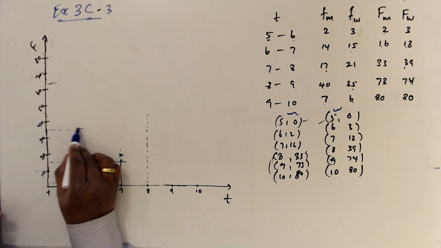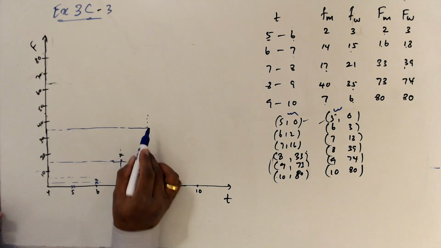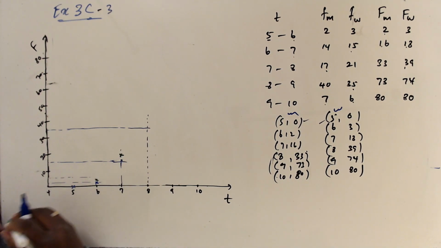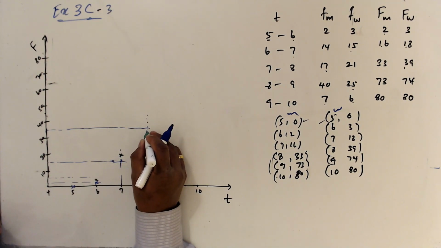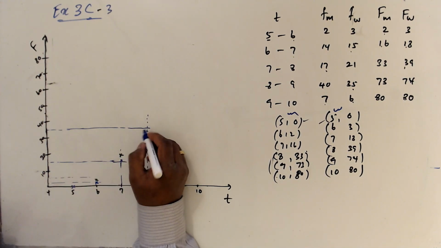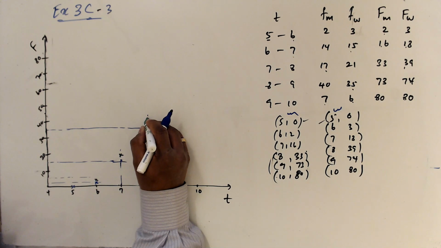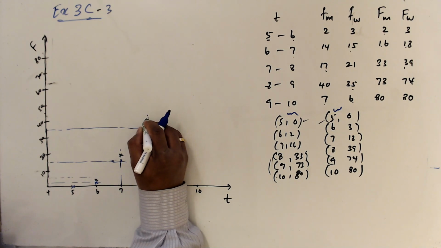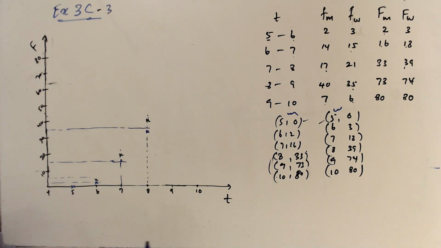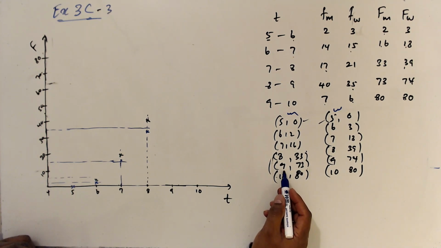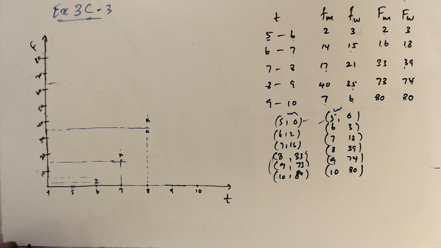This is 35. 33 is somewhere here. And 39 is on top. And then 9, 73 and 74. It's very close.